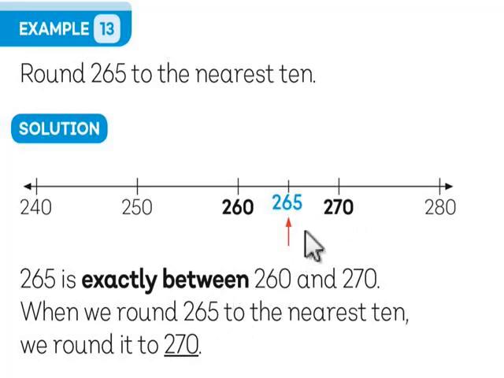Because of the rule of rounding numbers: you can see number 5 here, if the ones digit is 5, 6, 7, 8, or 9, we will add 1 to the tens. So 5 becomes 0 and 6 becomes 7. So the answer, when we round it, is 270.